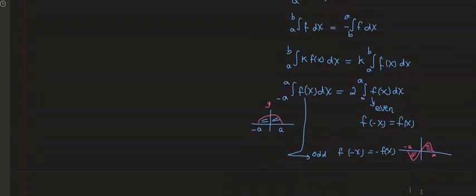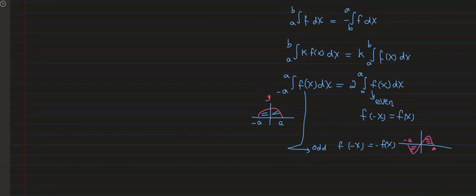And therefore, we will say that this integration from negative a to a for that f, if it's odd, is equal to what? 0. Directly it is equal to 0. So if you think that the function inside the integral is odd, you may try this test to show that it's odd and make sure for yourself, of course. And then you can directly say that this integral is 0.